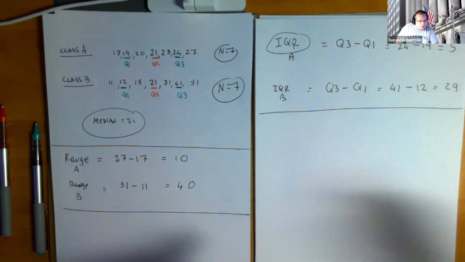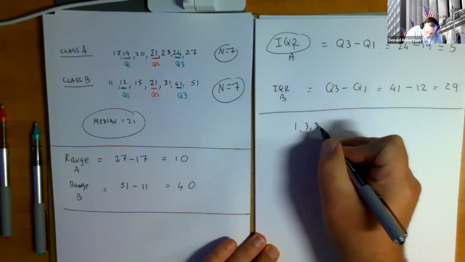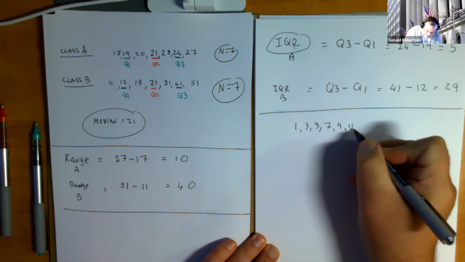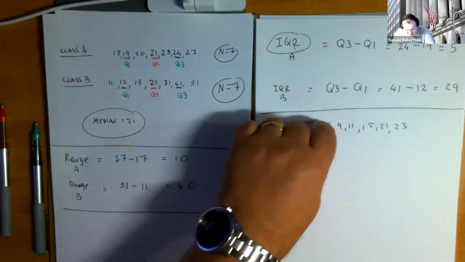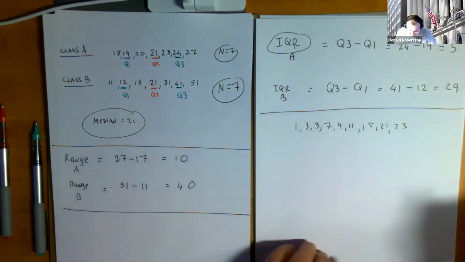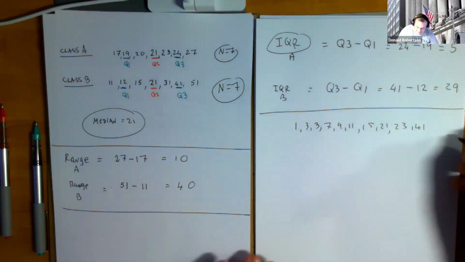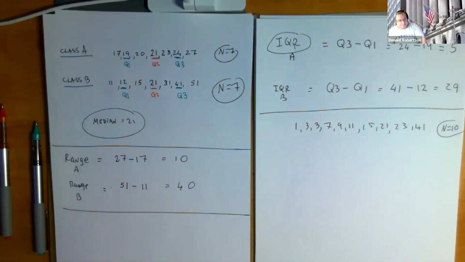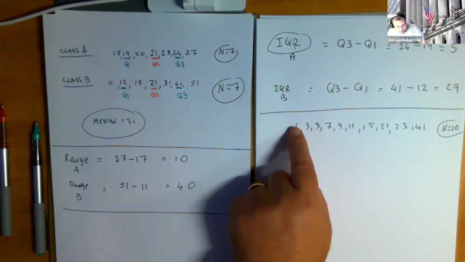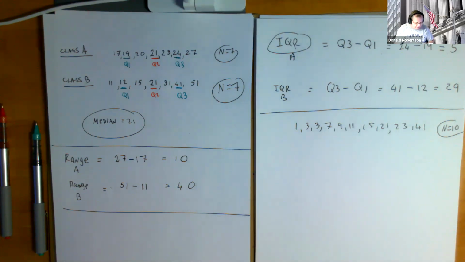So this is a totally random set of data in order: 1, 3, 3, 7, 9, 11, 15, 21, 23, and I need another number, 40. So this is a sample size of 10.